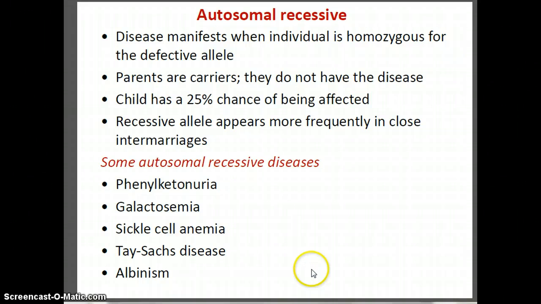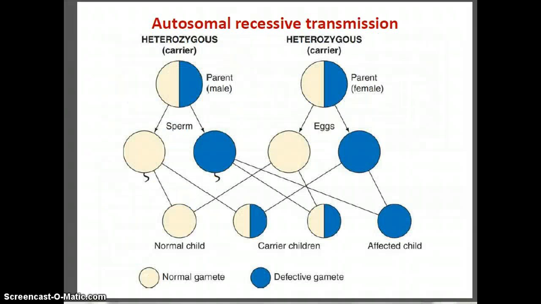And there's more about this in your book and in some of the articles I've included for you to read this week. Sickle cell anemia is one of the diseases upon which we will be concentrating. Here is a chart which shows you how these diseases could possibly be inherited. The only affected children are those who have inherited both of the defective genes.